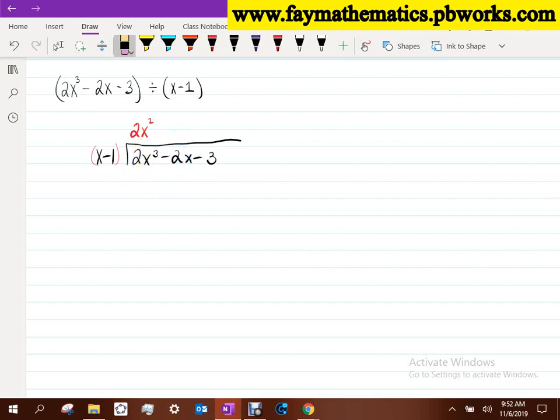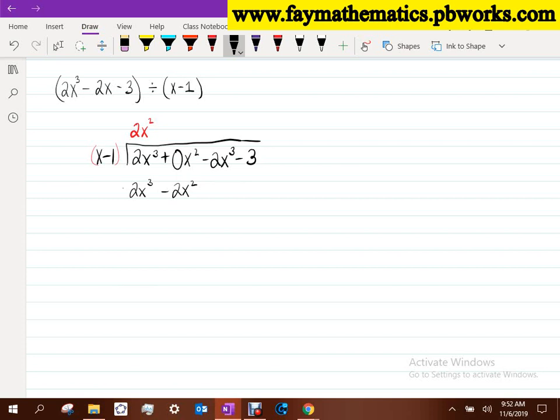So my suggestion, just to be safe, is to add that placeholder of 0x squared. That will allow things to line up so that they are like terms. So it's still the same 2x squared that we're going to put up there. Multiply out gives me 2x cubed minus 2x squared.